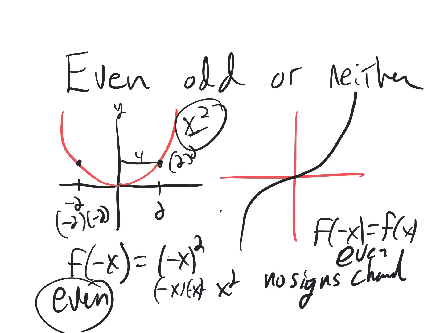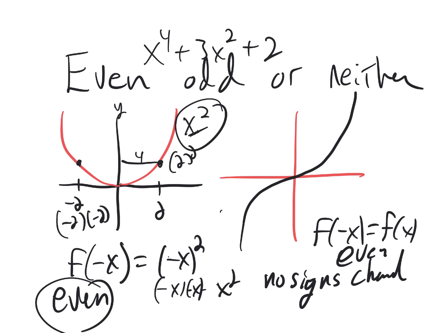And this is useful when you start getting into other functions rather than polynomials. I've given a question that had x to the fourth plus 3x squared plus 2. And somebody tells me, oh, all the exponents are even, this is an even function.